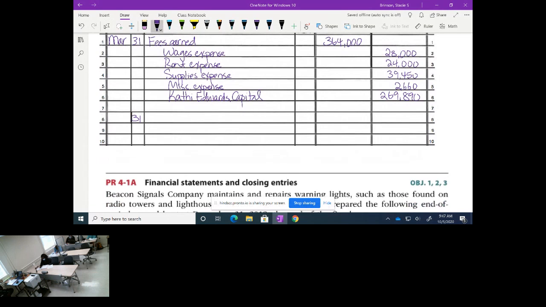All right, so what's my second entry? What am I doing in the second entry? What now? Okay, so we're going to debit Kathy Edwards' drawing. I can't exactly hear what you're saying, but I think it sounded right. Kathy Edwards' capital in the drawing. Is that what you said?